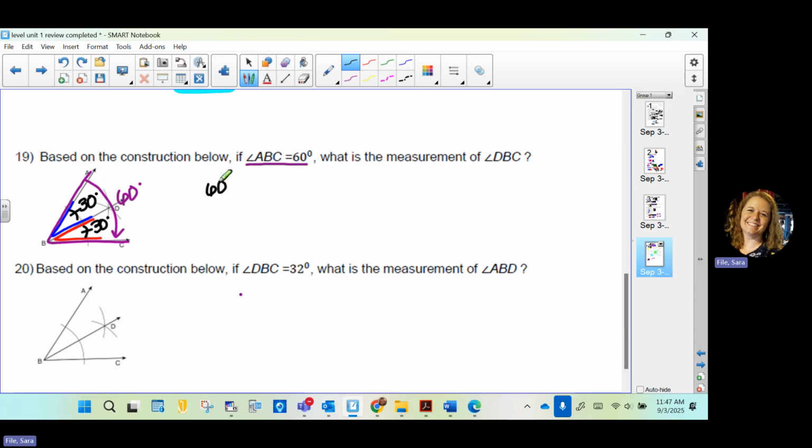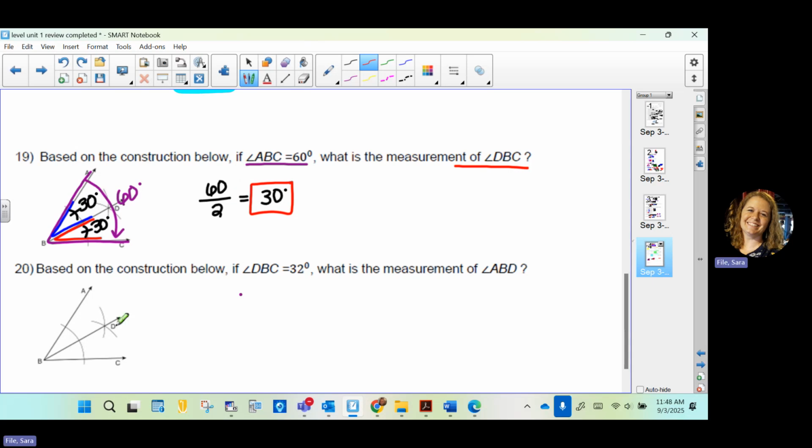Divided by 2. So 60 divided by 2, because cut in half is divided by 2. Each of those would be 30. So angle DBC is 30 degrees. So if you know the whole big angle and it's bisected, bisect means cut in half, so divide by 2.